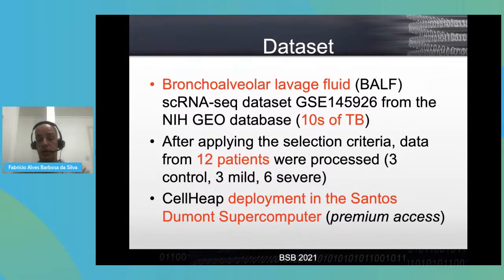And we are talking here about only 12 patients. And of course, for this example here, we deployed CellHeap in the Santos Dumont Supercomputer using the Premium Access account. The Premium Access account is the maximum level account available for external users in the Santos Dumont Supercomputer.